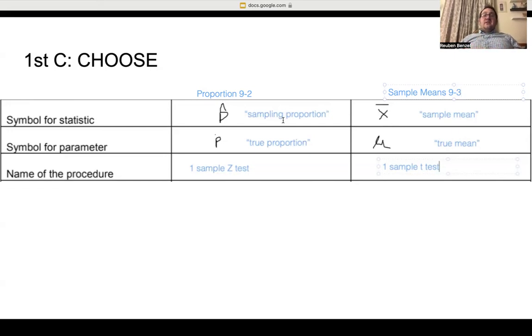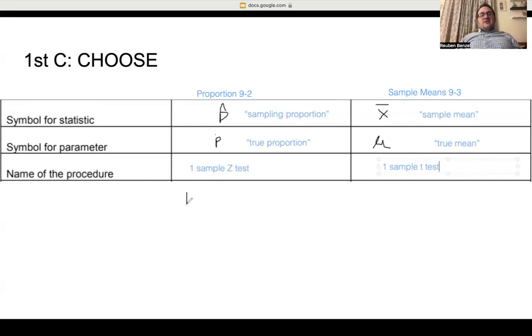The choose step is just a lot like what we've done before: outline what the parameter is. And we're still going to be using z-scores and t-scores as well, so z-score for proportion problems and then t-score for mean problems.